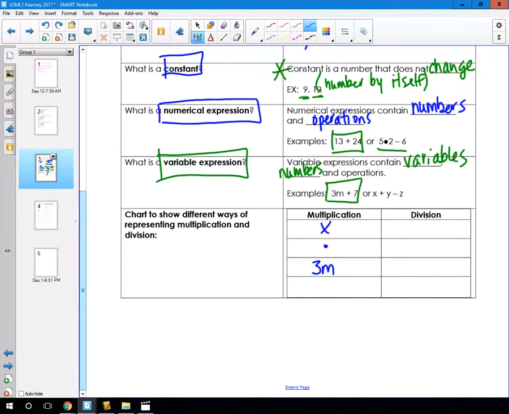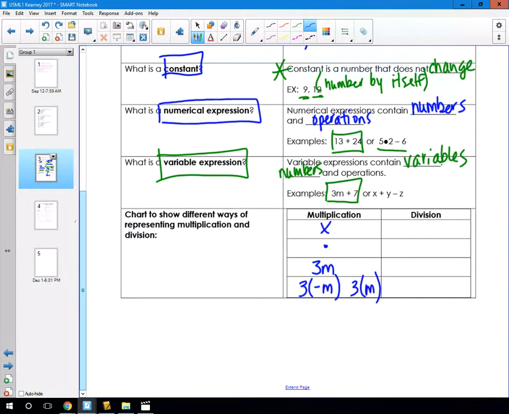And then let's say that sometimes you may have a negative. So let's say the m is negative, then in that case we might decide to put parentheses, okay? Or just sometimes we may have parentheses, just like 3 times m, okay? So some forms that you may see multiplication is the X, the dot, beside each other, or parentheses, okay?